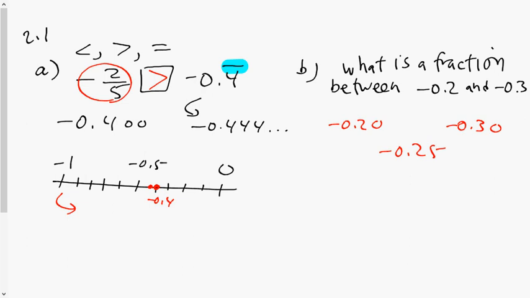And negative 0.25, you probably recognize it as a quarter, and you could probably write it right away. But if you couldn't, you read that as negative 25 hundredths, which is this. And then when you reduce it to lowest terms by dividing both numerator and denominator by 25, you get that. So negative 1/4 would be the best answer, but there are infinite answers of fractions between there.